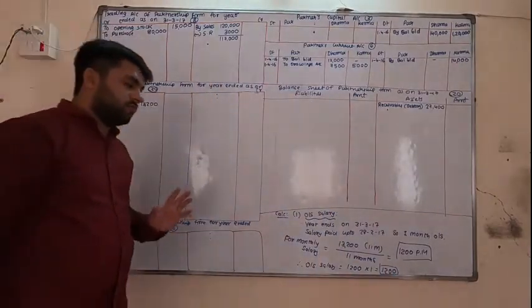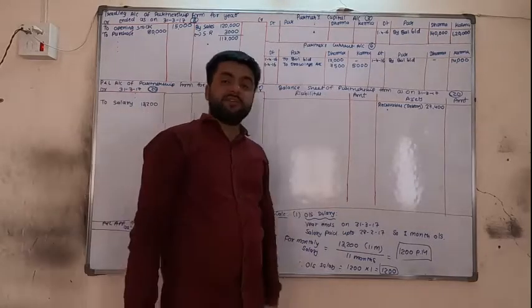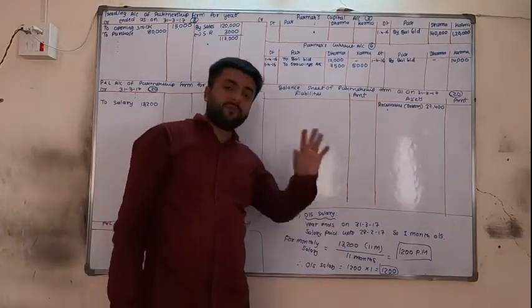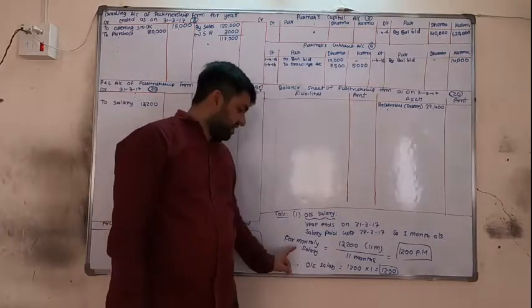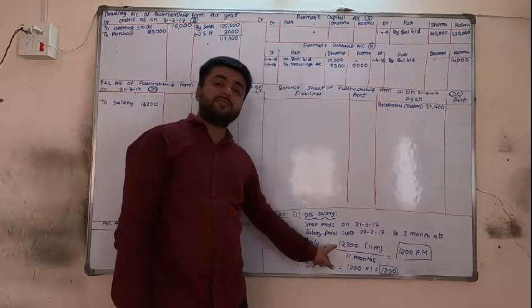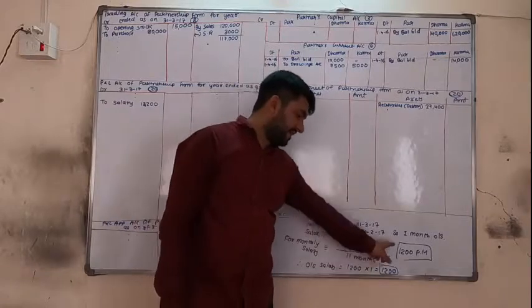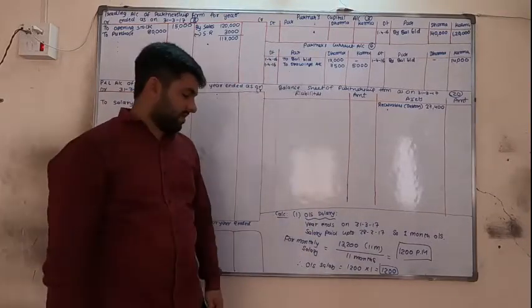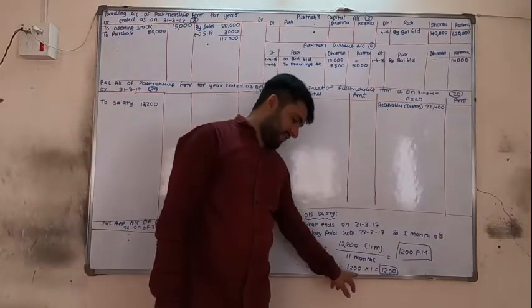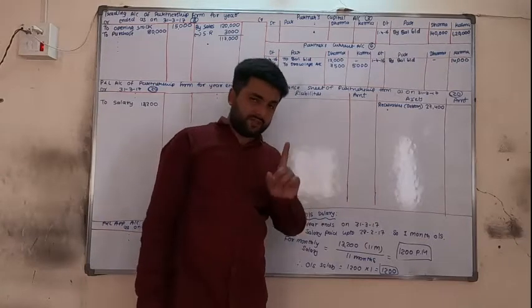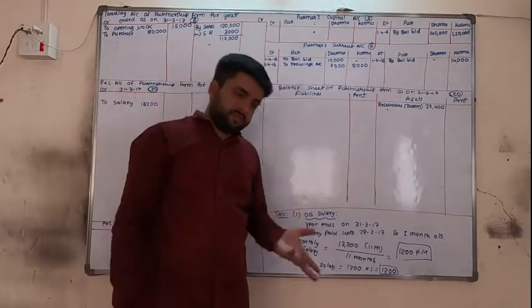Okay. How to know? Year ends on 31/3. Salary is paid up to 28 Feb. For monthly salary, 13,200 is till 28 February, so of 11 months. So divide by 11 months is 1200 per month. So outstanding salary is 1200 into 1, because 1 month. 2 months then 2, 3 months then 3.